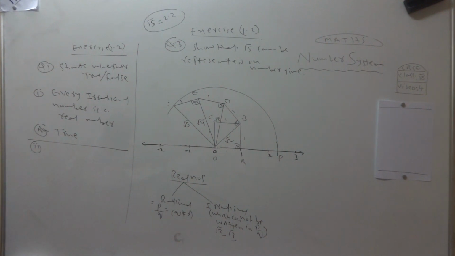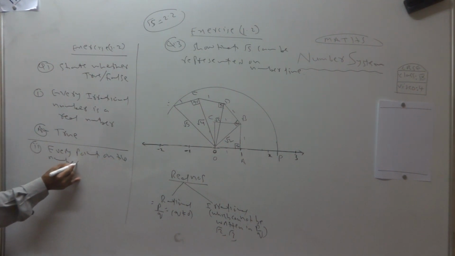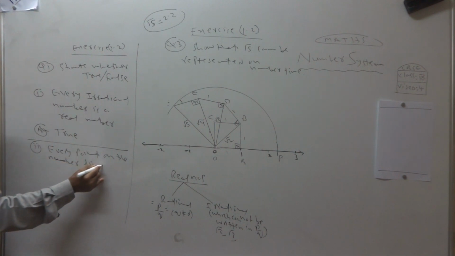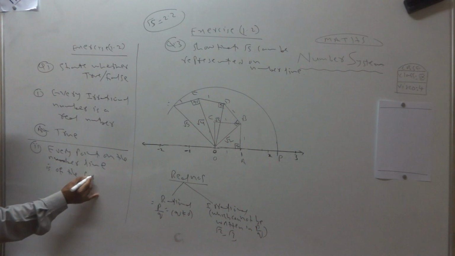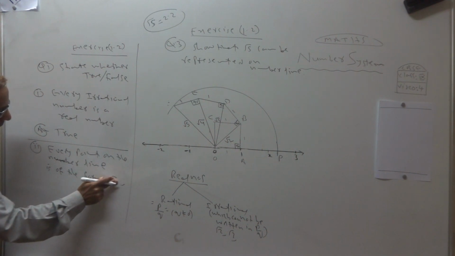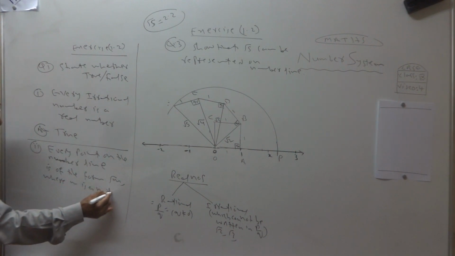Then the second bit. Every point on the number line is of the form root m, where m is a natural number.